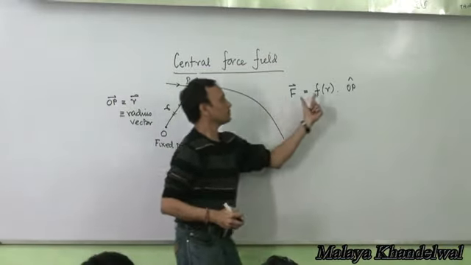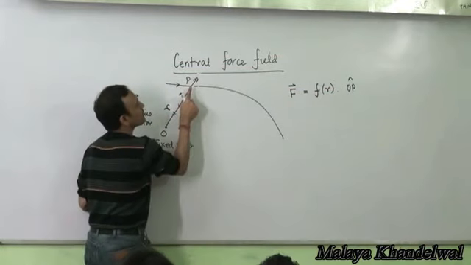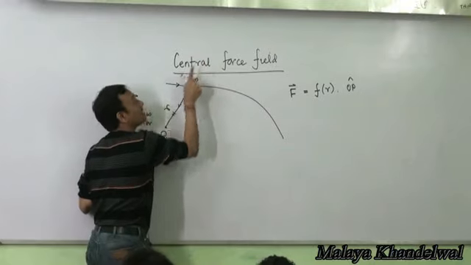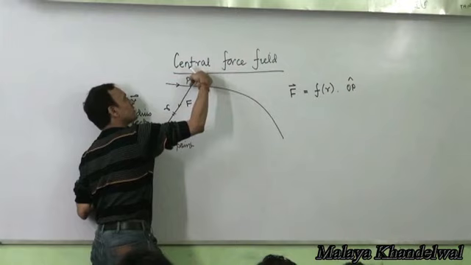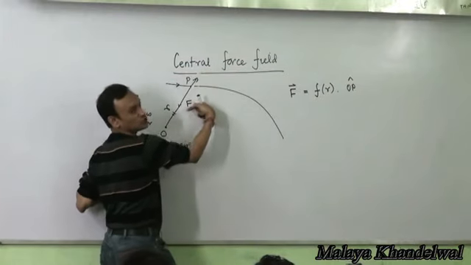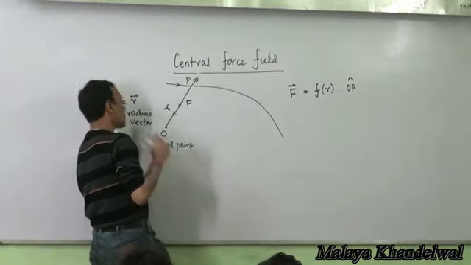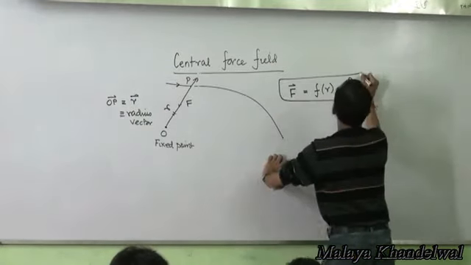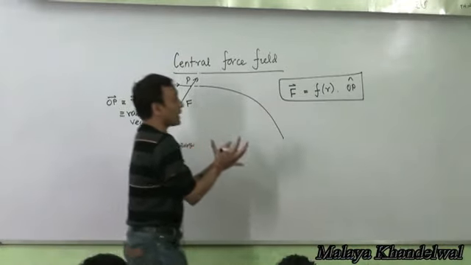Now, if f of R is positive, then realize that the direction of the force will be away from O. If f of R is negative, then the direction of the force would be towards O. Does it sound all right? So, we would have a discussion centered around a force field of this kind.